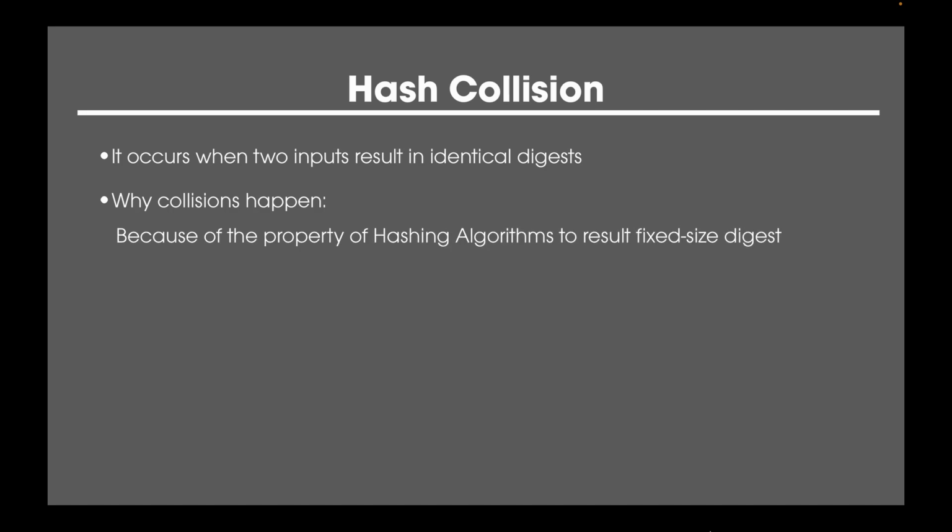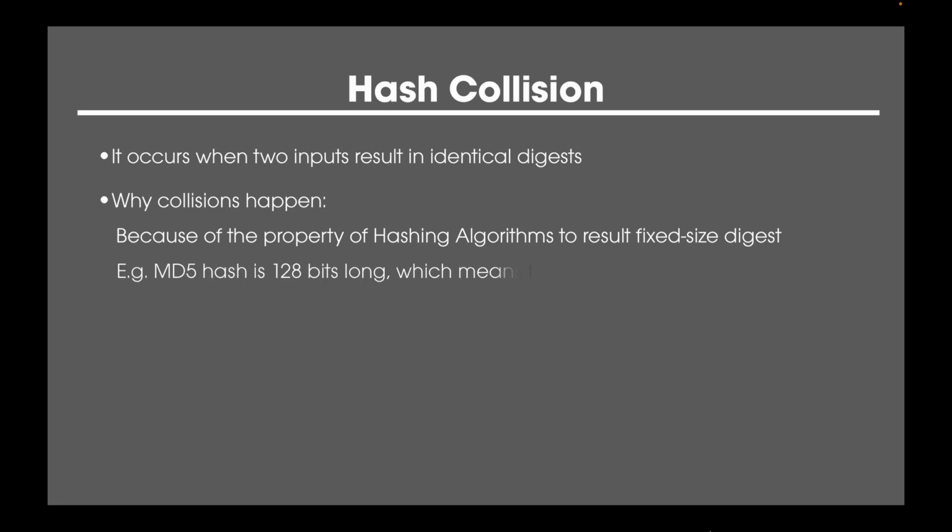They produce a fixed length output regardless of the size of the input. Since output space is limited and input space is virtually infinite, it's mathematically inevitable that different inputs may occasionally result in the same hash value.